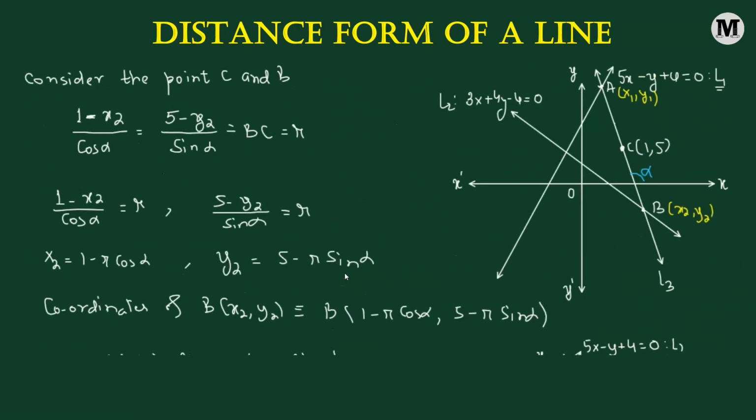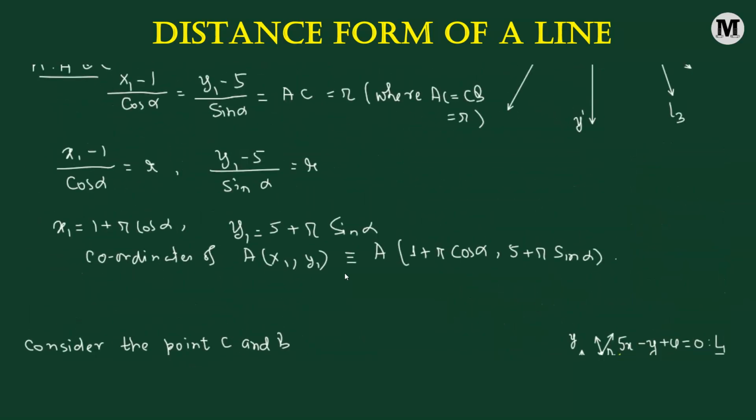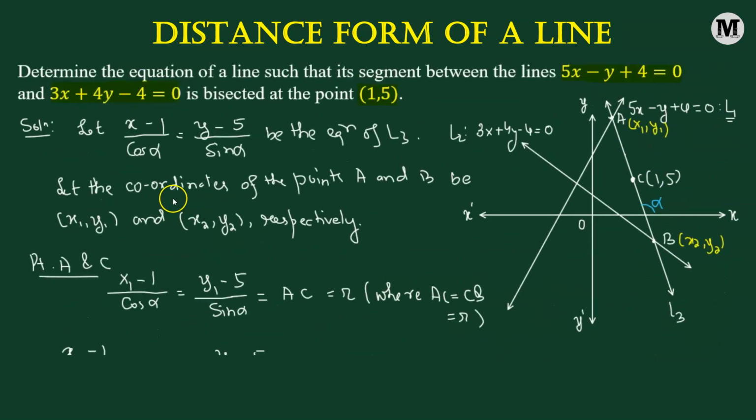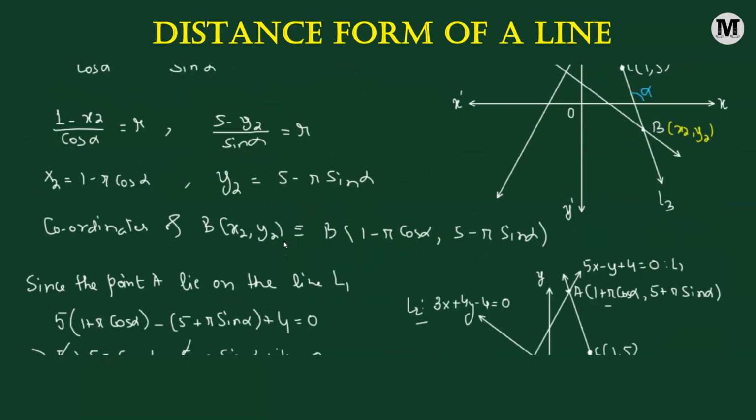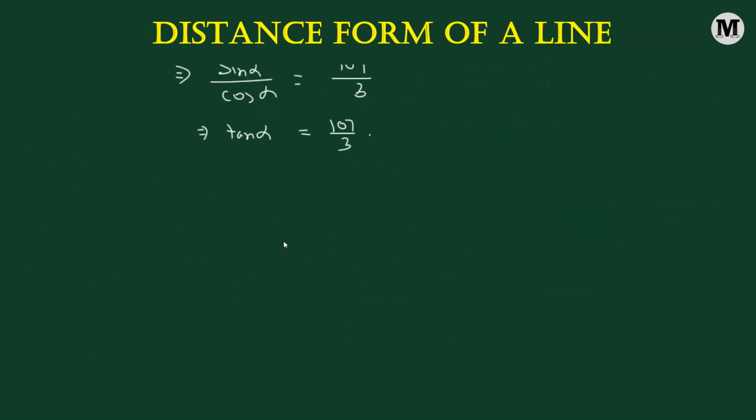Finally, we'll go back to our original equation where we obtained x minus 1 over cosine alpha equals y minus 5 over sine alpha. This is the equation of L3 that we considered. So let's come back to that. So the equation of L3, this is what we need to find. So we have x minus 1 over cosine of angle alpha equals y minus 5 over sine of angle alpha.